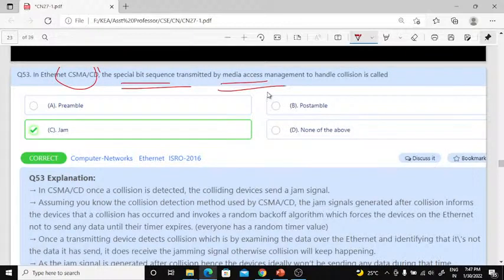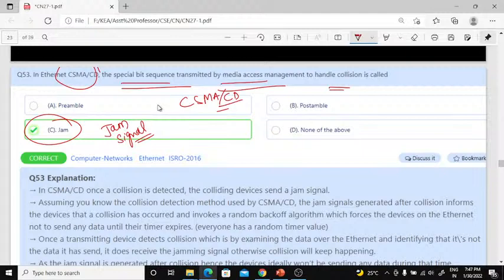In Ethernet CSMA/CD, the special bit sequence transmitted by the media access manager to handle the collision is the jam signal. Once the collision is detected, the colliding devices send a jam signal.